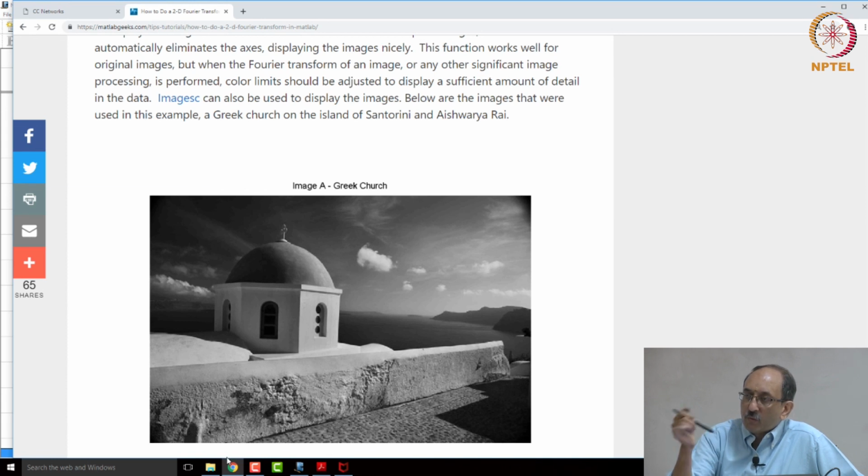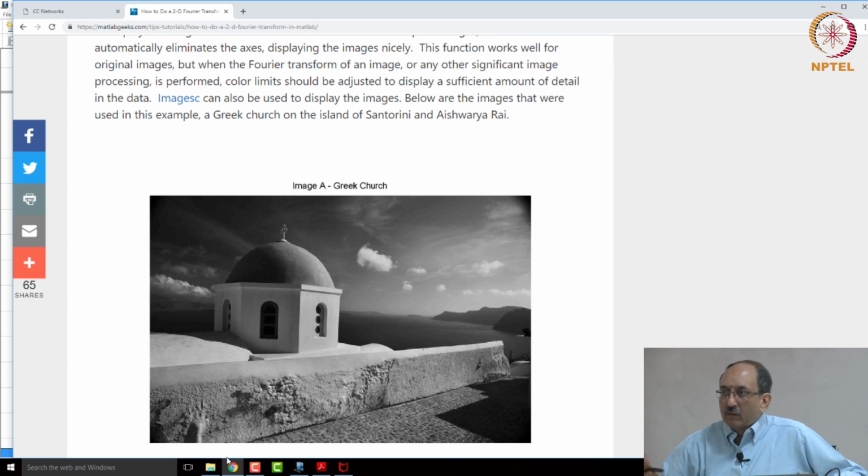So, you have two different images, we will take the magnitude from one image, phase from the other. You will form magnitude times e to the j phase angle, where the e to the j phase angle comes from the second image, and we will take the inverse Fourier transform. You will get the image back and we will see what you get.